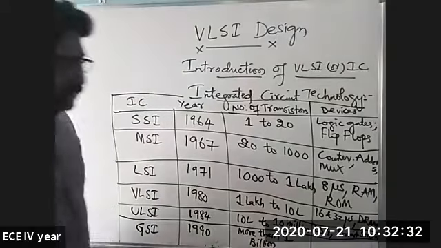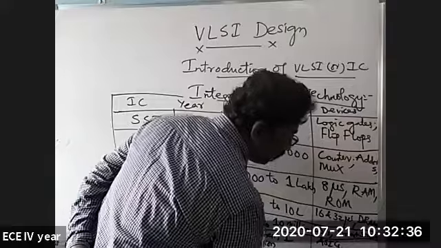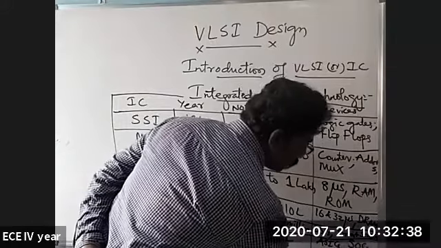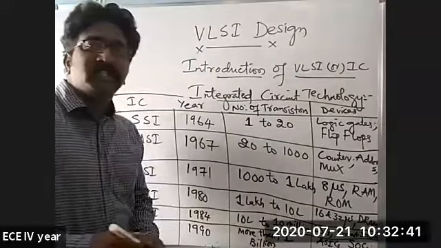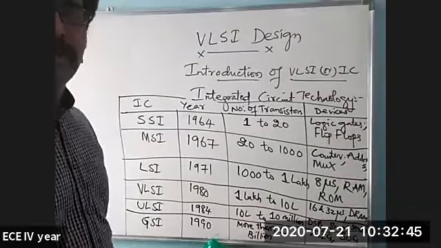The examples for this can be ASICs and SOCs, system on chips. So these are a few examples of how this design has been worked on, and how this one has been started.